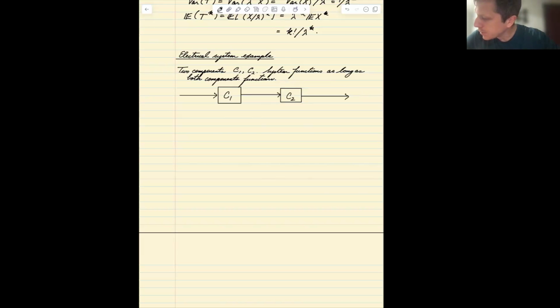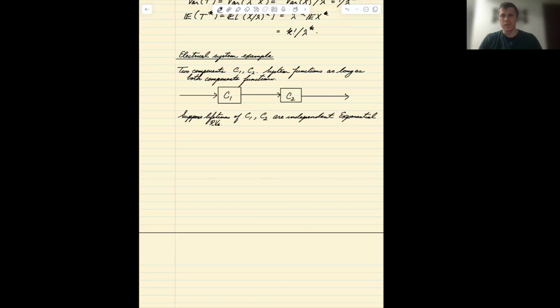And so we're going to suppose that the lifetimes of the components are independent, and we're going to model them as exponential random variables. So that means that they're memoryless.